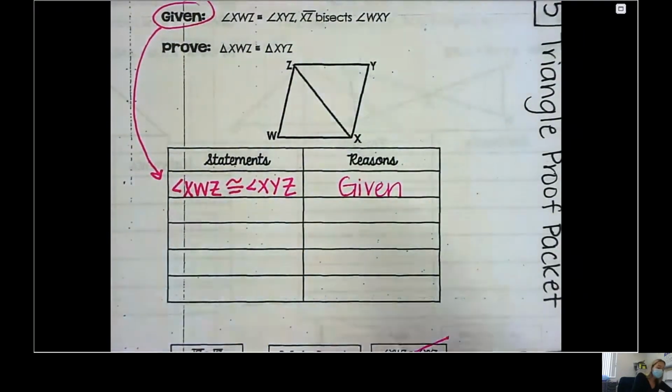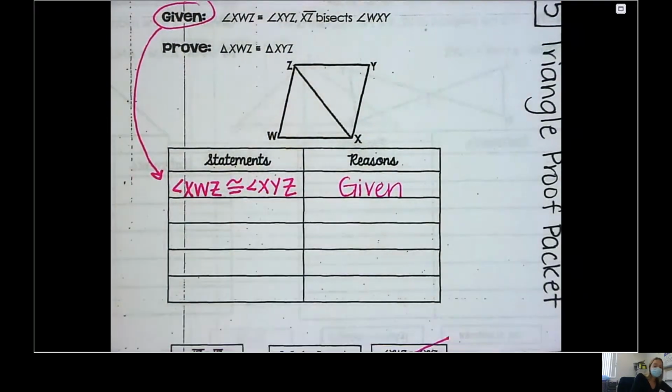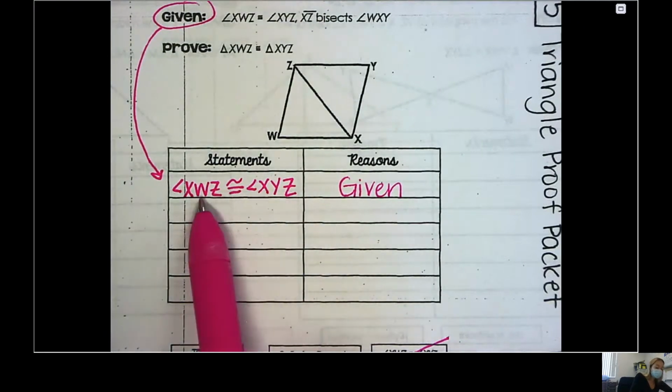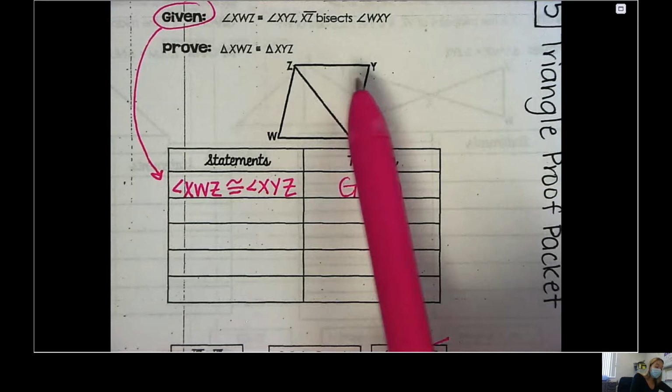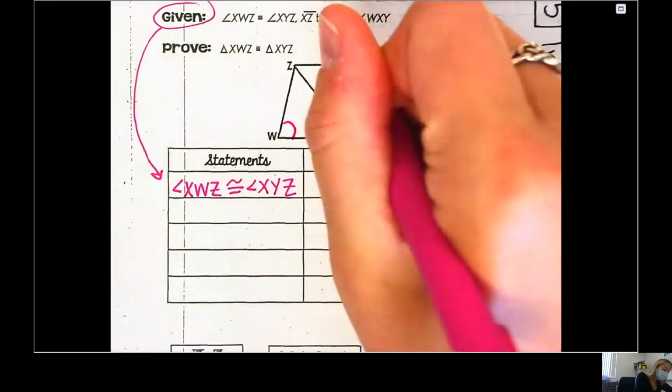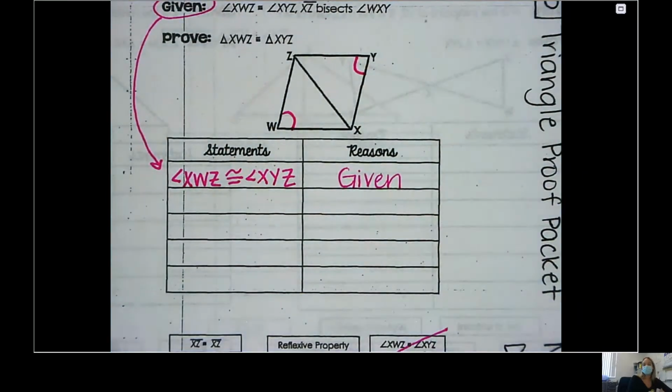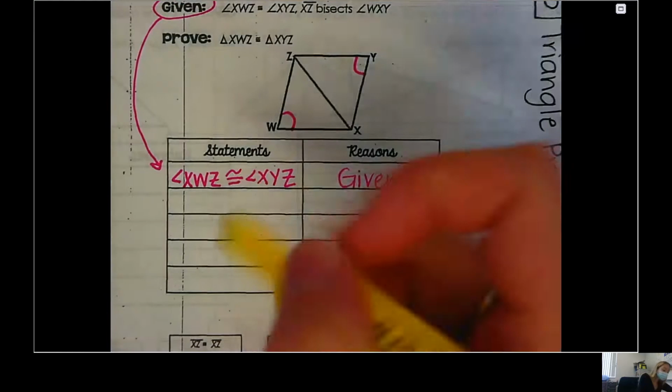So which two angles are actually congruent? Angle Y and angle W. So at Y and W, I'm going to put an arc mark. You need to make sure you mark your picture after each one. That is my first congruent symbol.